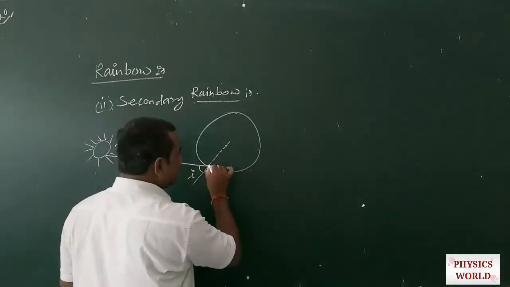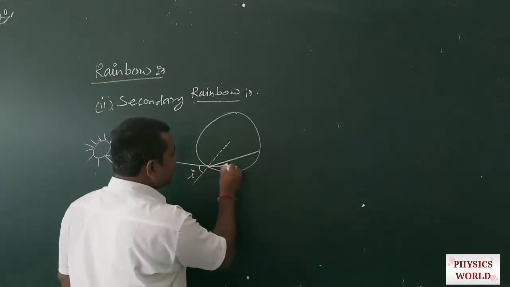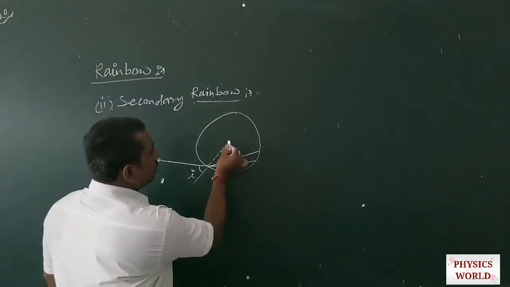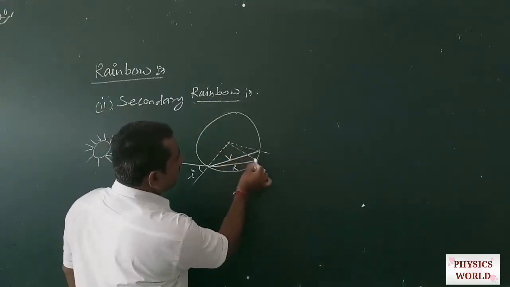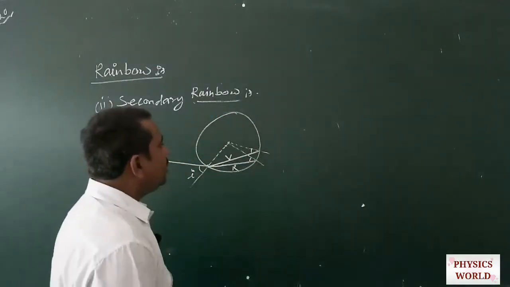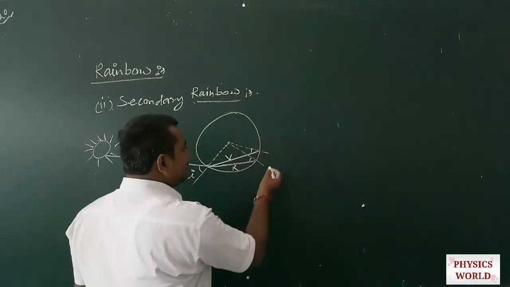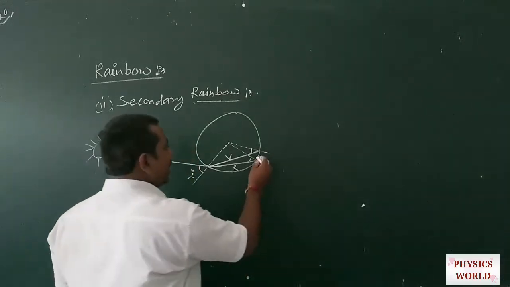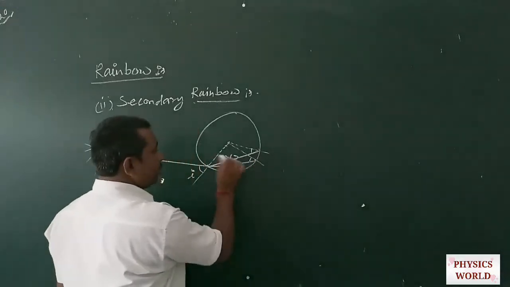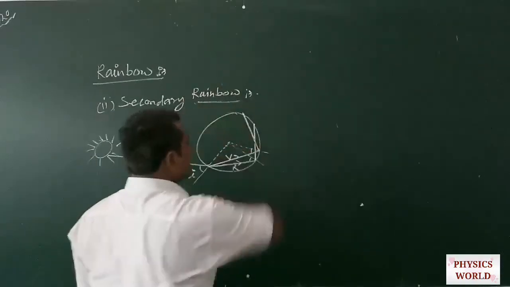So due to dispersion, the violet color goes by a larger deviation and the red color goes by a smaller deviation. If we draw the normals for this point and we find that these angles are greater than the critical angle for this water droplet, then the light must undergo total internal reflection, and after reflection the red and violet light rays reach these points.